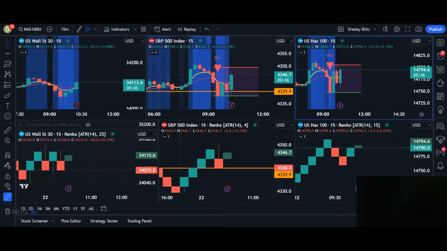Even USD ZAR, you could trade USD ZAR. This is a pretty good pair, and anything against the USD is good to trade in the US session. As long as you know exactly the bias and you know the direction of the DXY, you're able to trade anything that has USD in it and take profit.